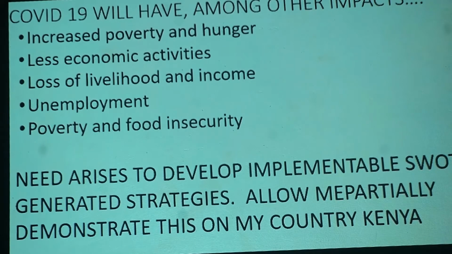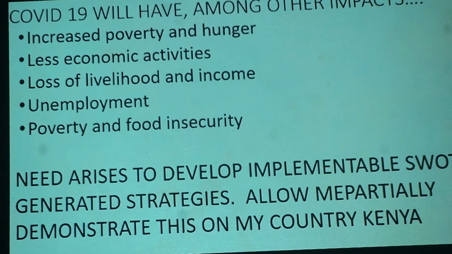Now, in my own opinion, COVID-19 will have, among other impacts, increased poverty and hunger. We're already seeing it. I'm already in the field, walking around in Kenya, looking at the videos, looking at TVs, listening to news from abroad. There's less economic activity. We have seen it already, lockdowns and curfews, and it can easily continue.